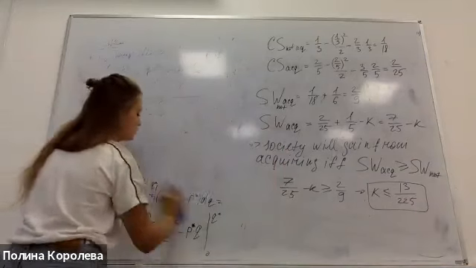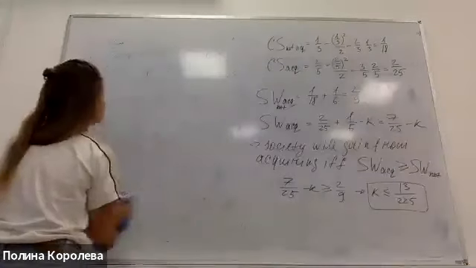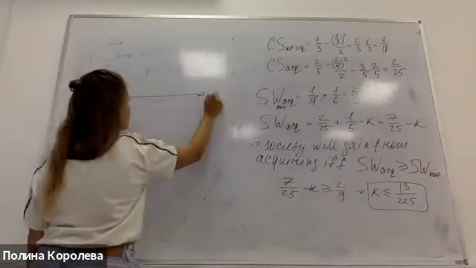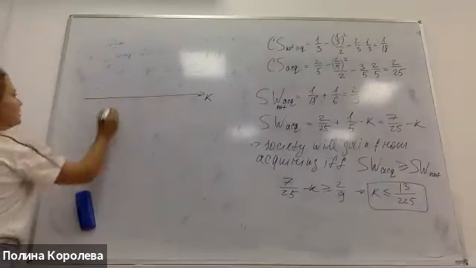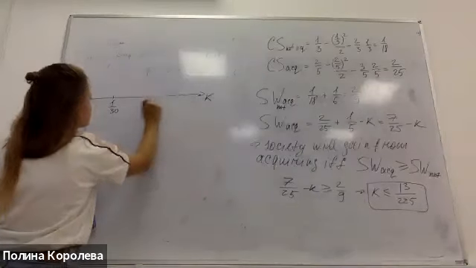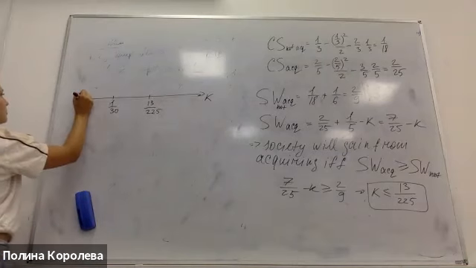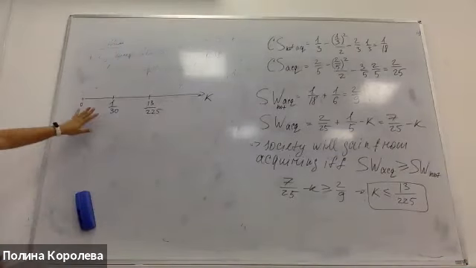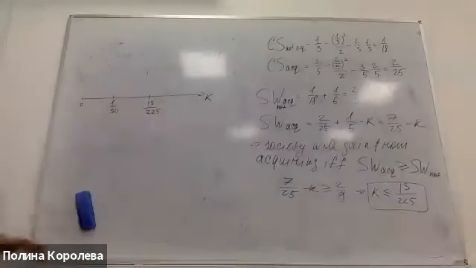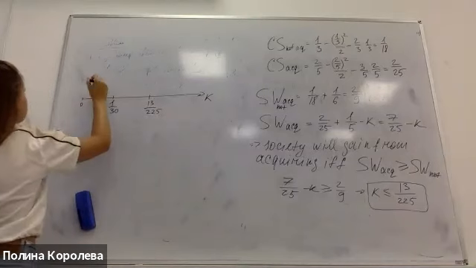So let's look. If we draw such a number line here, the K axis, here will be 1 divided by 30. Here, how much? 13 divided by 225. And here is 0. If this fee is very small, between 0 and 1 divided by 30, it is optimal for the supermarket and for society to acquire farmers.